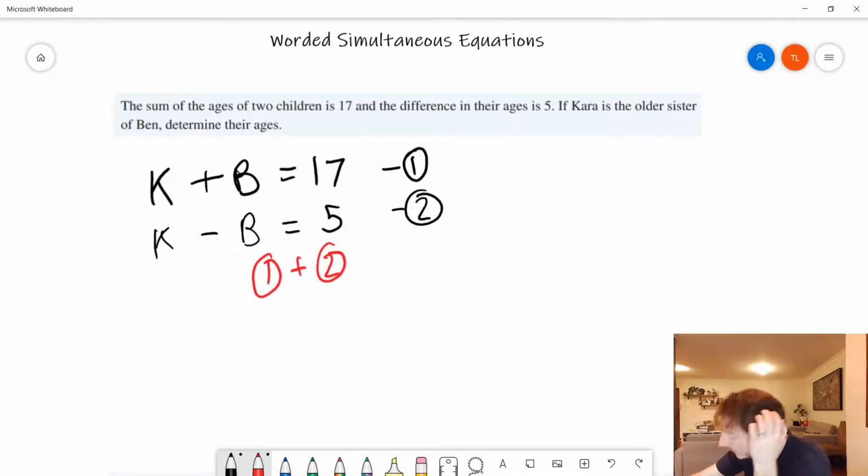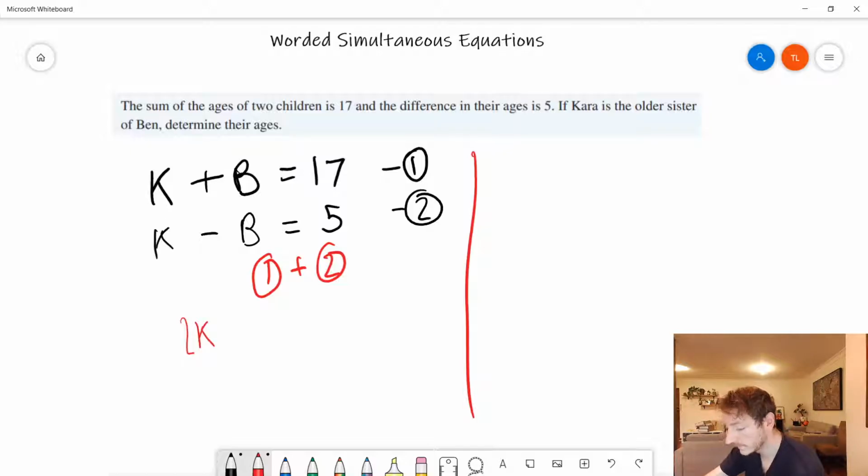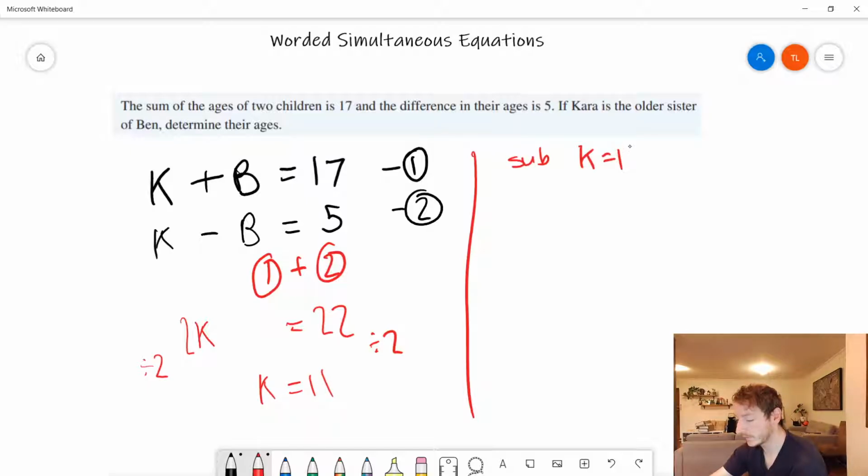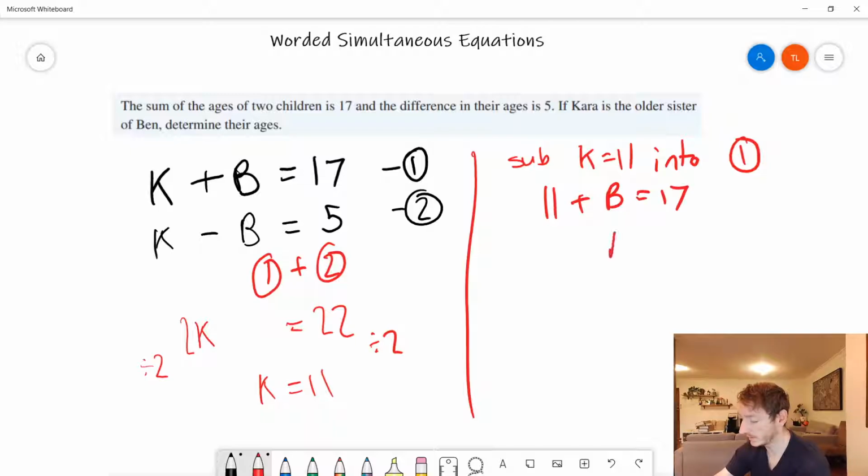I'm going to do the split the page thing because I've already got the second question down there. 2k, those cancel to 0, equals 22, divide by 2, k equals 11. Sub k equals 11 into 1: 11 plus Ben's age equals 17, Ben's age equals 6.